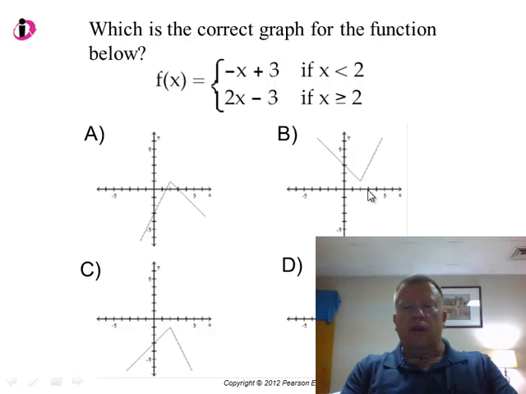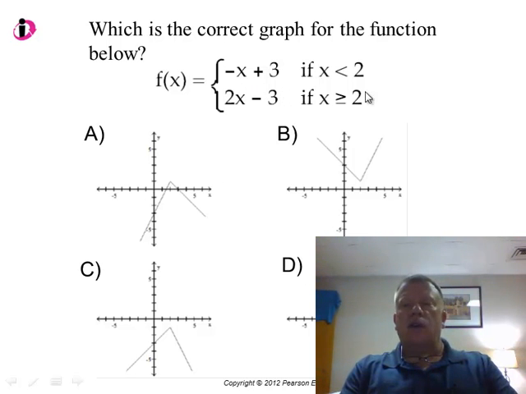So here's the next one. To the right of 2, the line 2x minus 3 has a slope of 2. Now this line segment looks like it has more of a slope of 1, whereas this one looks like it has more of a slope of 2. So I'm leaning toward B, but here's the clincher. What is the function's value at x equals 2?